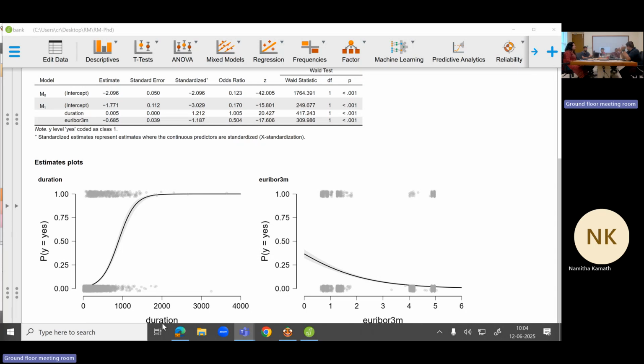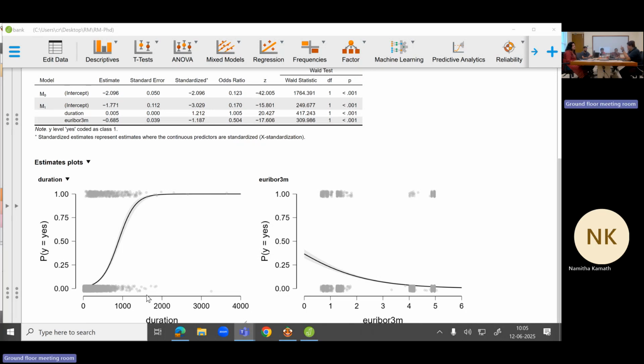Okay, so one way of explaining this is that when we checked for probability of 0.5, beyond which the customer is more likely to take up the term deposit, right?